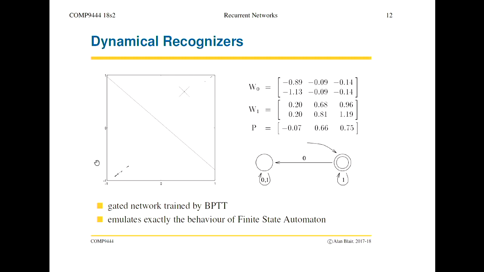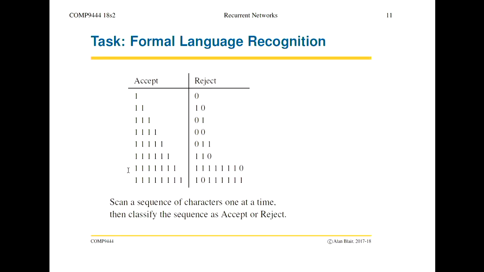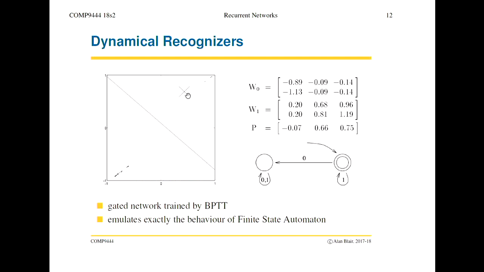There are 2 hidden nodes, and every dot represents a possible set of hidden unit activations as we process these strings. That cross there is the initial state.